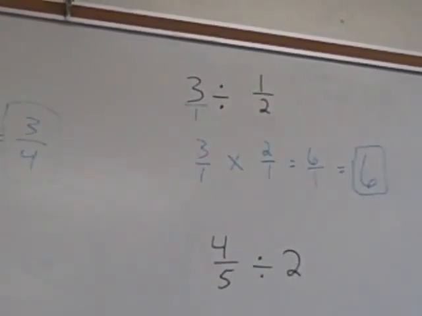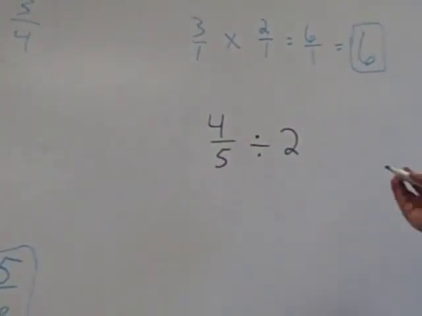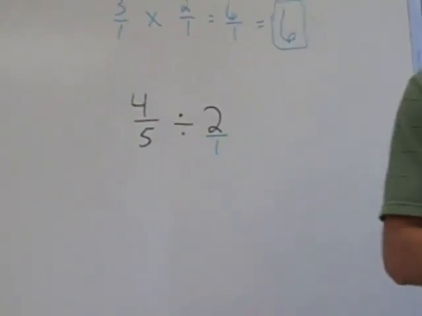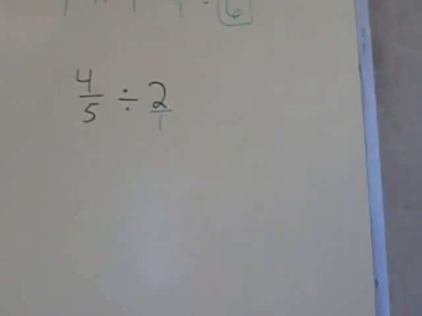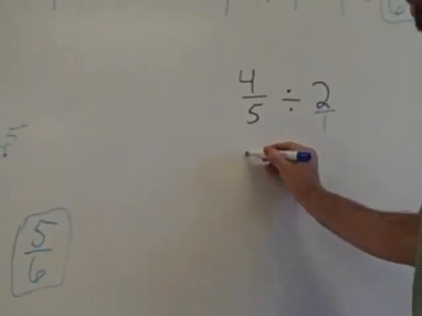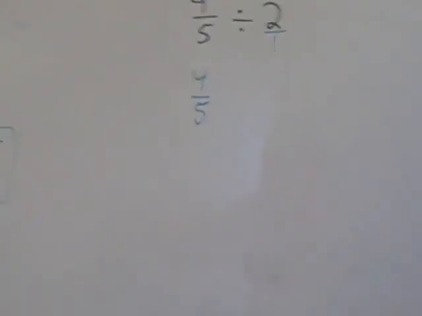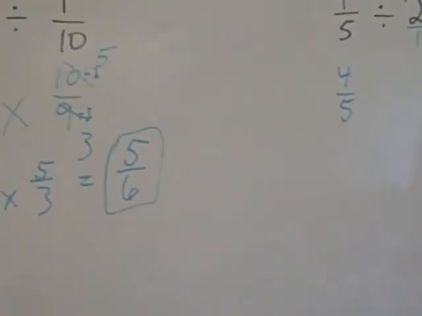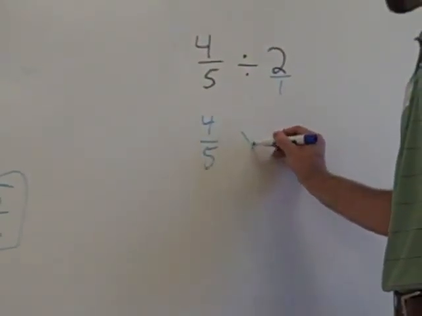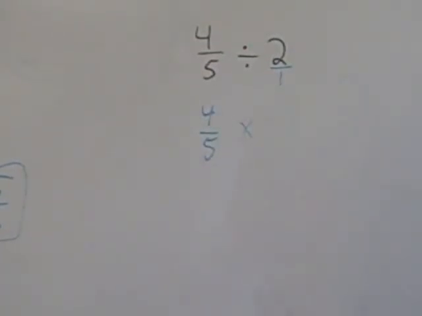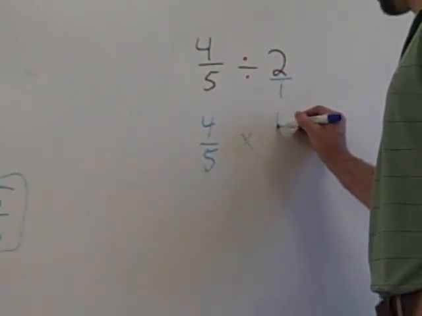Okay, Ethan, what about this last one on this board? Put 2/1, make it in fraction form. Hayden, what next? Write the first one down. And now, McGee, what next? Switch it. Last, flip it, so 1/2.